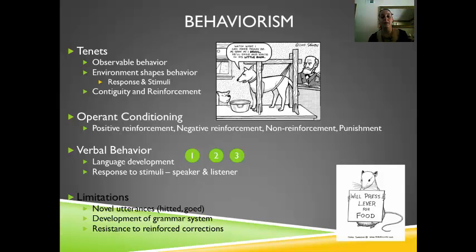So even though an adult might repeat time and time again the correct form, such as went rather than goed, and would correct the child, sometimes we see that the child continues to make that error. And again, that really goes against the response and stimuli and the contiguity and reinforcement pieces that behaviorism encompassed.